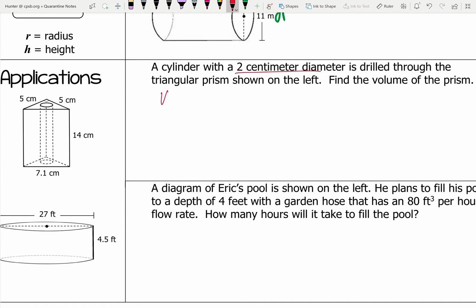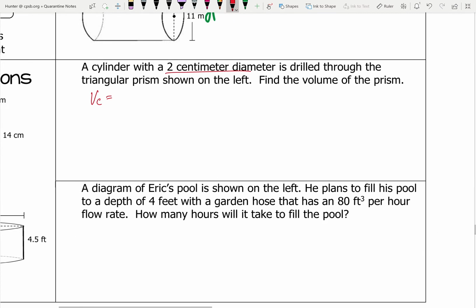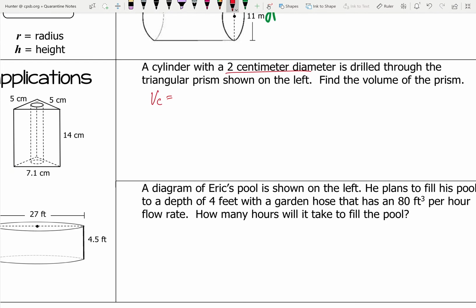So V sub C. I know it has a 2 centimeter diameter, means my radius will be 1 centimeter. And then if you look at the picture below to the left, it has a height of 14 centimeters. Okay, so my volume of my cylinder is just pi times 1 squared times 14, which is 14 pi.